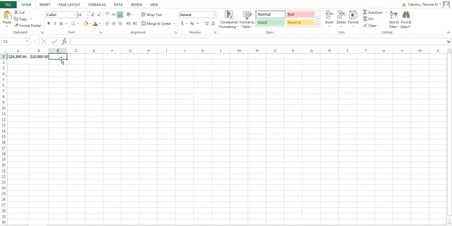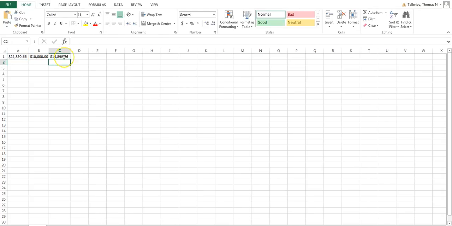I come over to this cell C1 and say equals A1 minus B1, which is the initial investment, and my net present value here is positive, as you can see, and therefore the project is worth doing. As long as I get a positive net present value, I'm in good shape.